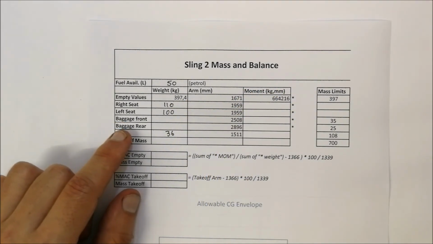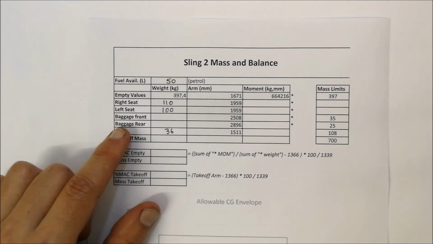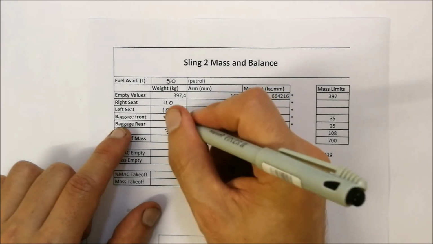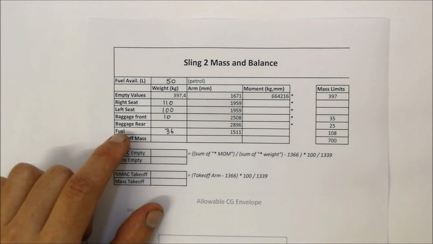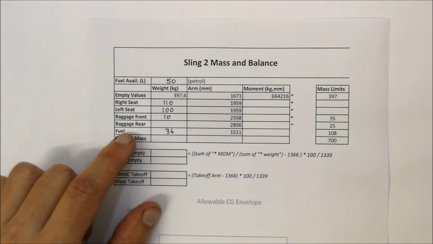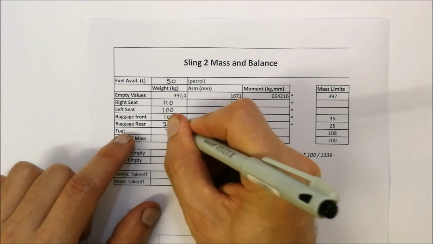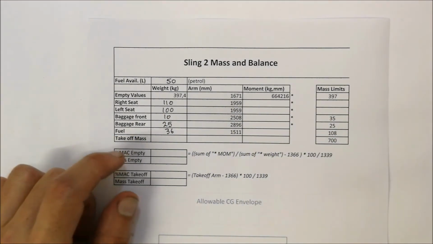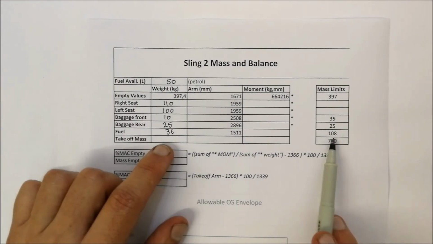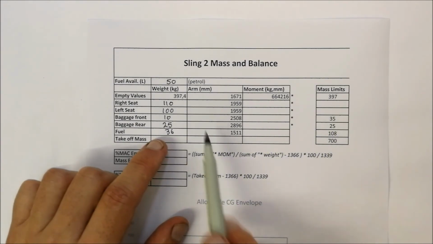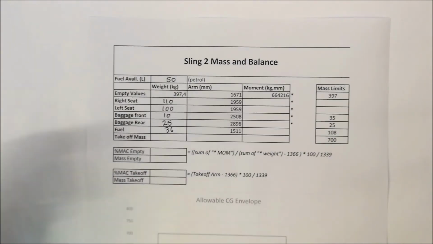You're told that in the front baggage or luggage it's got a total weight of 10 kgs, and then we've got the rear baggage which has got a total weight of 25 kgs. Okay, so up to this point these values are correlating over here with the mass limits. It is within those limits, so we know it's safe to at least use them.